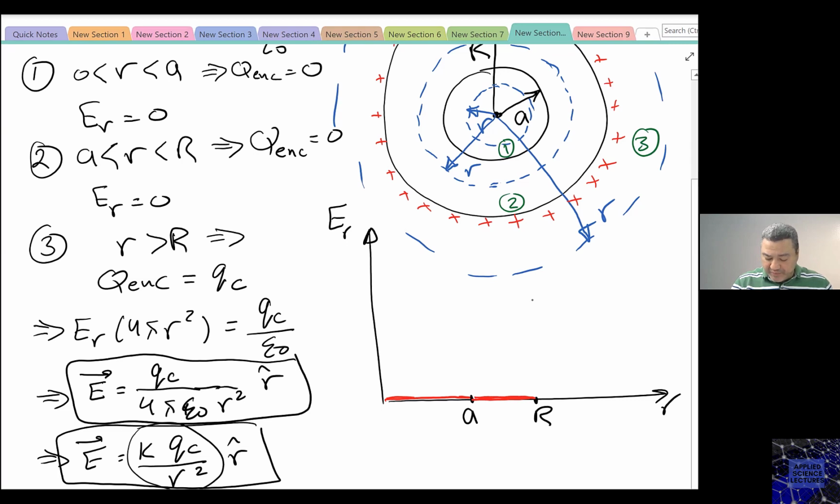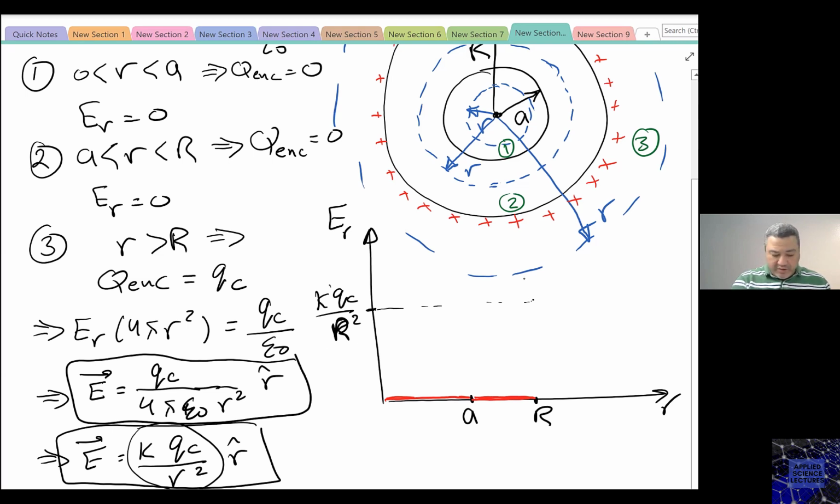This defines the maximum electric field, which is right at the point I am enclosing the charges QC. This is right at r small letter equals R capital.